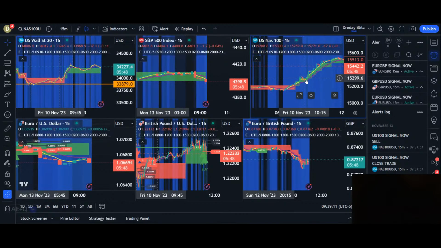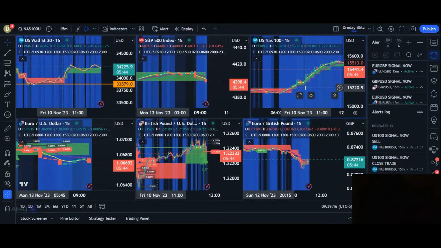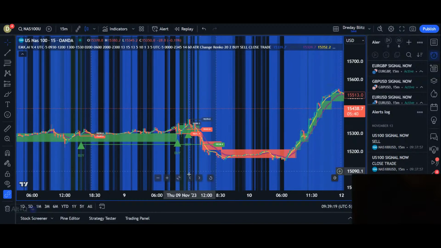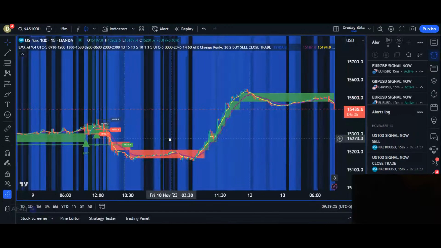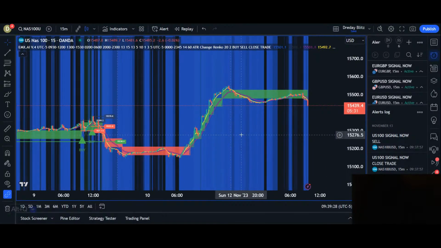I'm just going to zoom in. What I'm going to do is go full screen, so I'm able to see more. That's where I'm going to explain in detail.